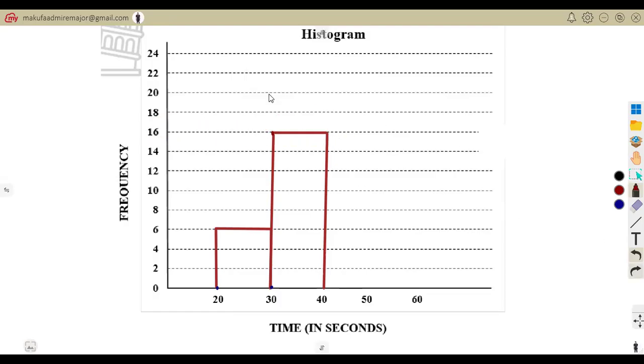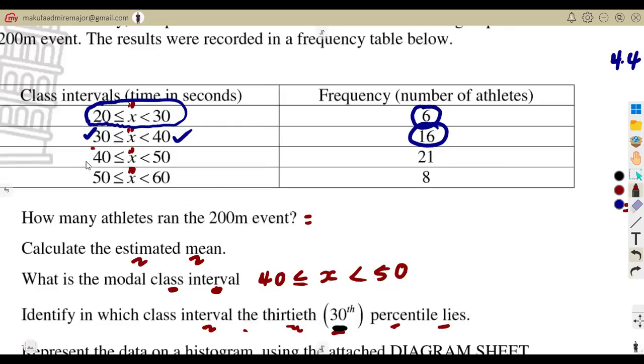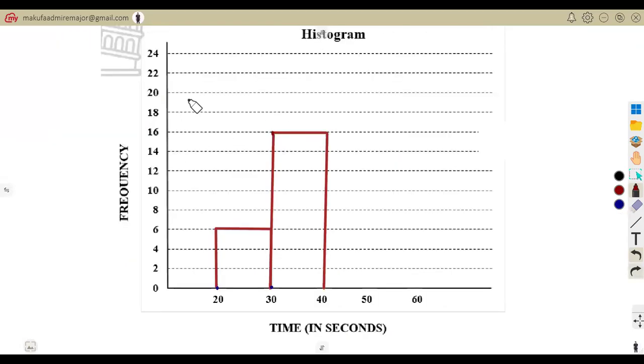You move on. 40 to 50 versus 21. Are we having 21 directly there? We do not have 21. This is 20, 22. So you can just make an assumption that 21 is in between 20 and 22.